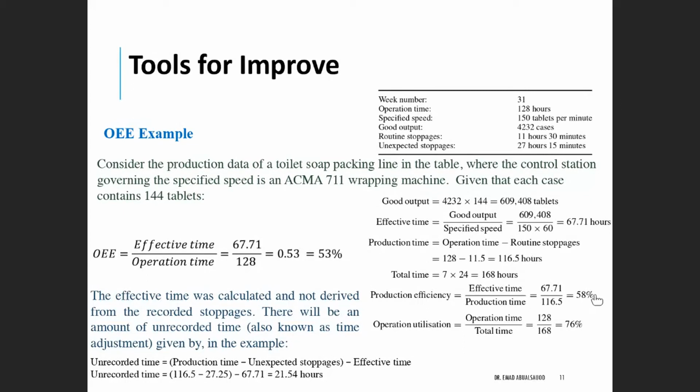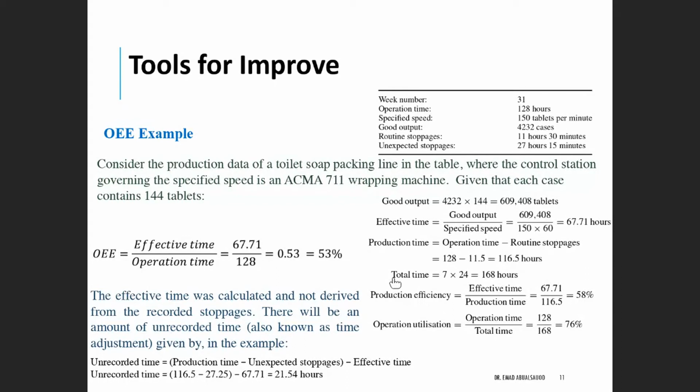It was only 58%. So the production efficiency is only 58% in this case. By completing the calculations, we will interpret this number and see why it is not as high as we expected.